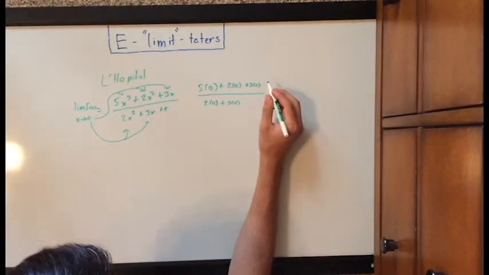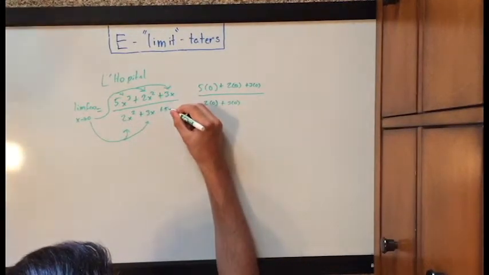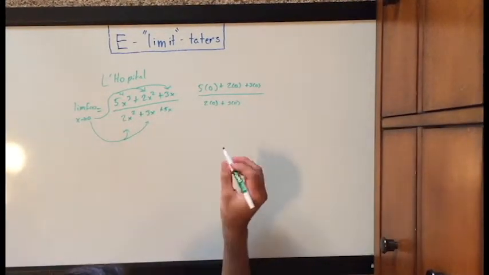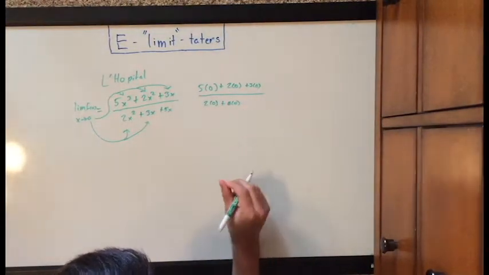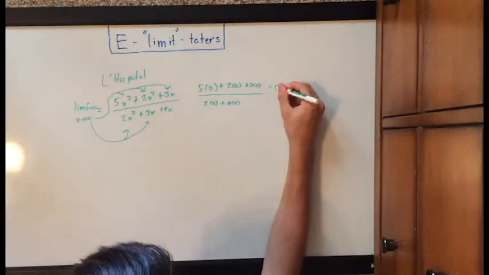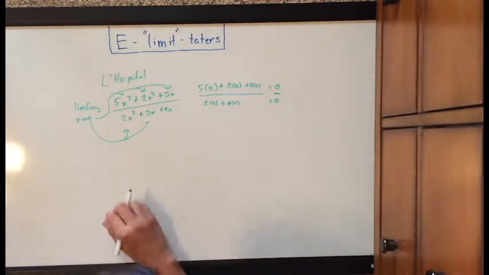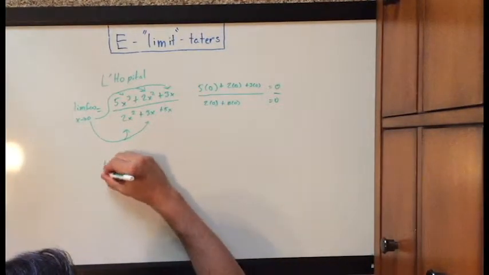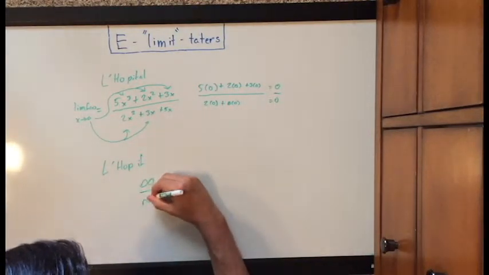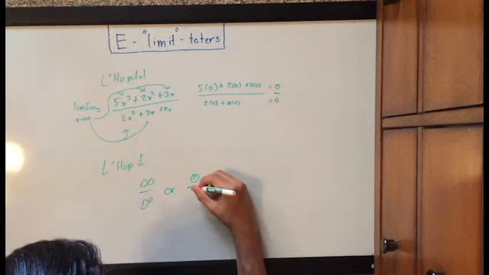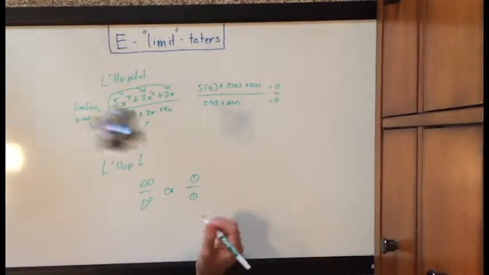on top, you get 5 times 0 plus 2 times 0 plus 3 times 0 over 2 times 0 plus 3 times 0 plus... Let's just make this 5x. Plus 5 times 0. No, wait, 8 times 0. It's easier. Alright.